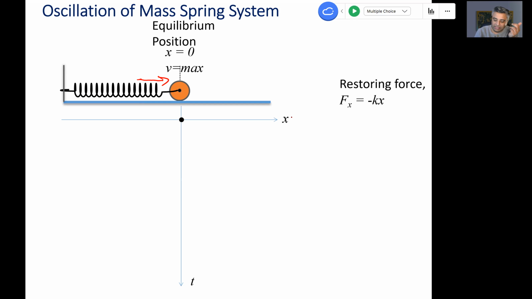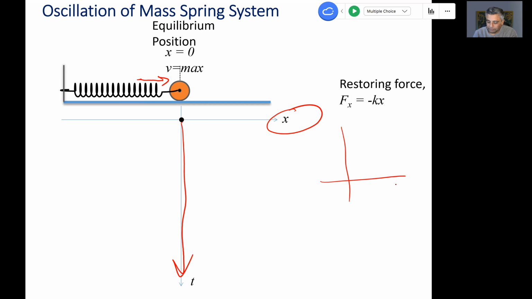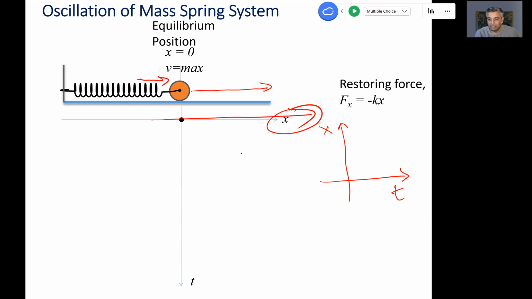And for convenience, I'm plotting x this way and time this way, okay? Usually we did it the other way, but since this thing is going back and forth, to mark the position this way, I'm drawing x this way. And then time is perpendicular to that.